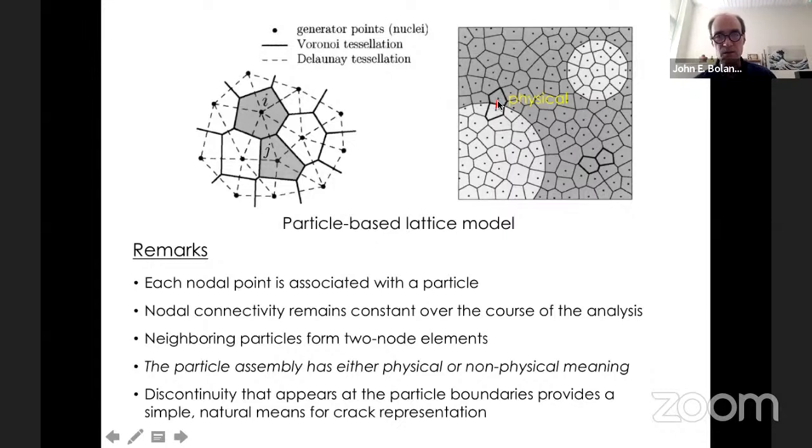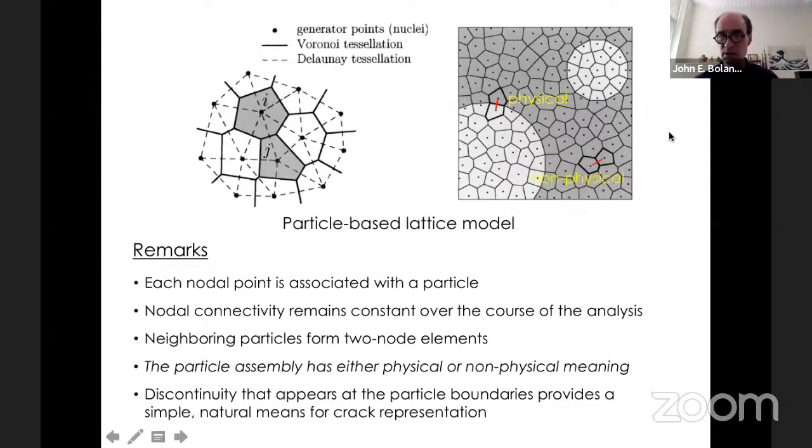This element that spans the interface between, let's say, an aggregate particle and the surrounding matrix has physical meaning because the element itself is representing the interface. The element is perpendicular to the interface, and we can control the thickness of the interface. And since the element is perpendicular to the interface, it's much easier to control the properties when it's fracturing.